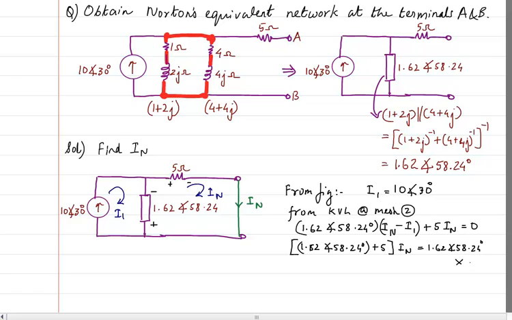I1 we already found to be 10 angle 30 degrees. Therefore I can directly write IN as this divided by this one. So let me write that: 1.62 angle 58.24 into 10 angle 30.